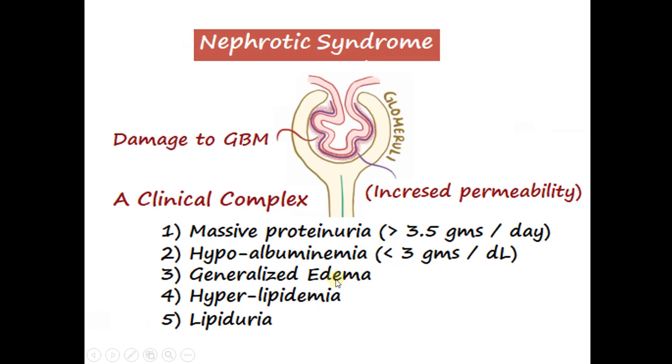But in addition to producing albumin, the liver also starts producing other proteins, particularly the lipoproteins, and this will lead to hyperlipidemia, increased level of the lipids or lipoproteins in the blood. It is also said that proteinuria in nephrotic syndrome leads to loss of those proteins that inhibit lipid or lipoprotein synthesis by the liver.